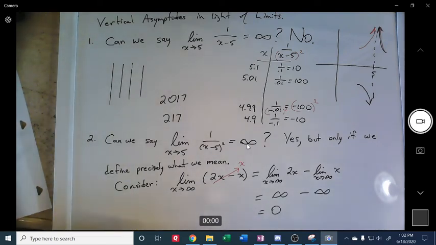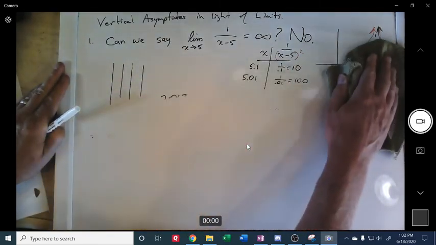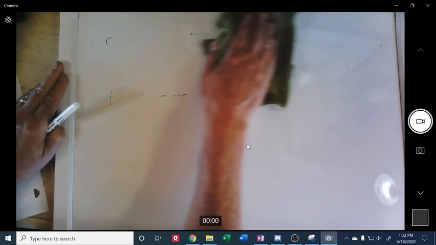Now, let's define it precisely. Definition.